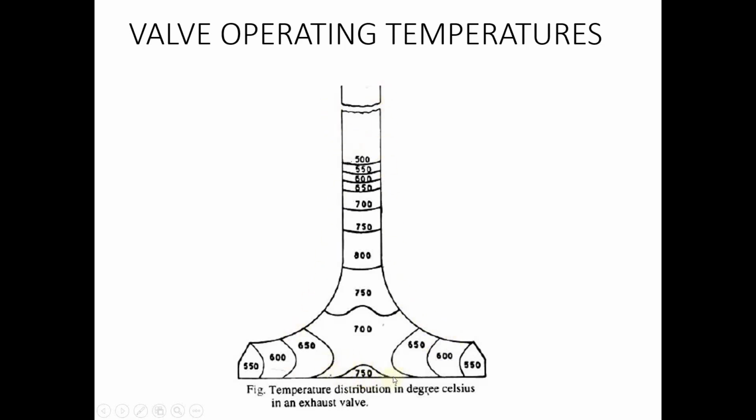The tip of the valve head is at a comparatively lower temperature. As we proceed towards the center, you can see temperature increases, increases again, and then decreases. So you can see multiple temperature gradients along the cross section of the valve.